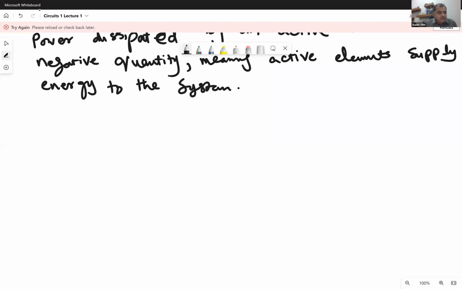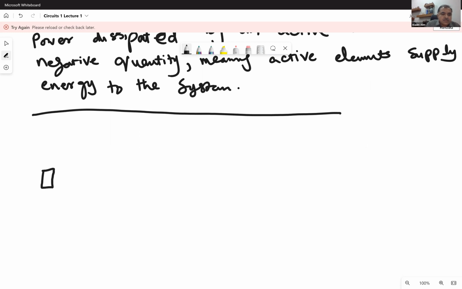Okay, so let's look at something else here. Let's look at an example of a generic circuit. Again, for today, we'll be using this box convention. Later on, I will use the actual components.